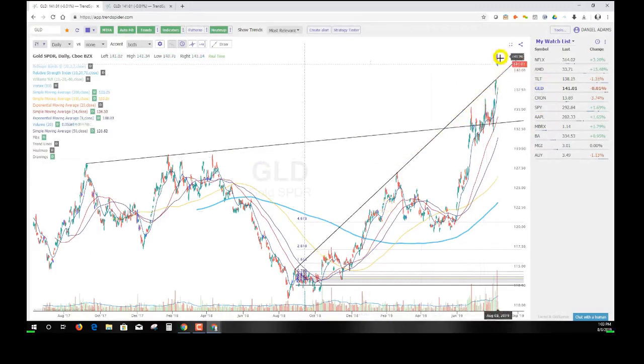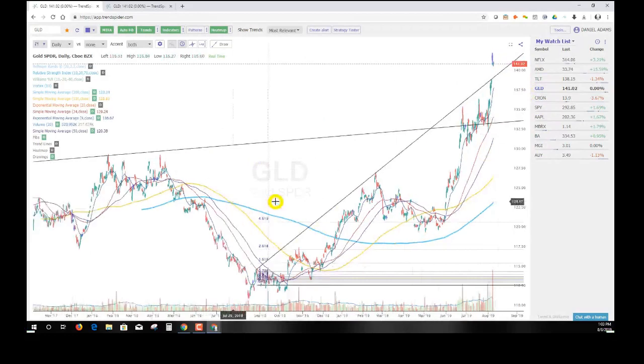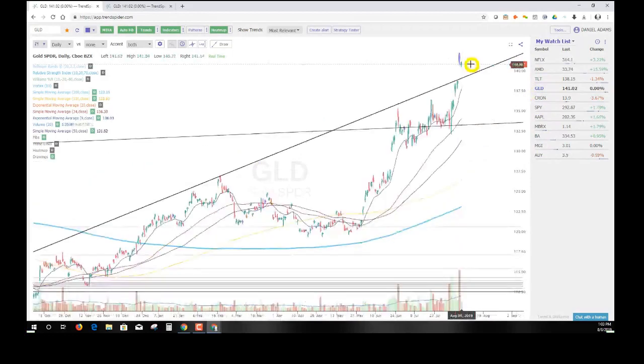When you get these massive gap ups, a lot of times they will just fade. They don't necessarily always go right back down. But because of where we are with the market, there's an opportunity for a decent size move with this coming back down and testing this trend line and then potentially dropping below it.